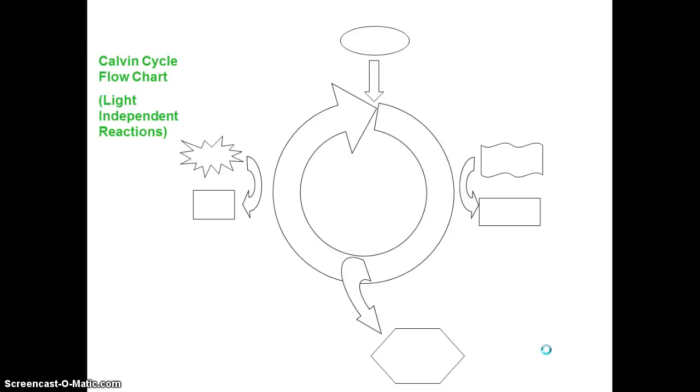So basically what you need to know in the Calvin cycle is that it's happening in the stroma. It uses carbon dioxide, and this is what we call carbon fixation, where we're taking the carbon dioxide in gas form and fixing it into a molecule. And this carbon dioxide molecule uses the NADPH.